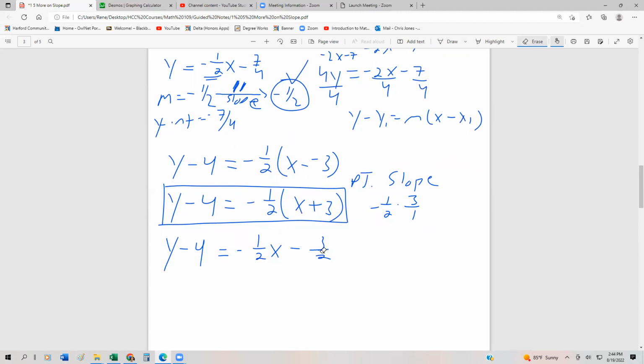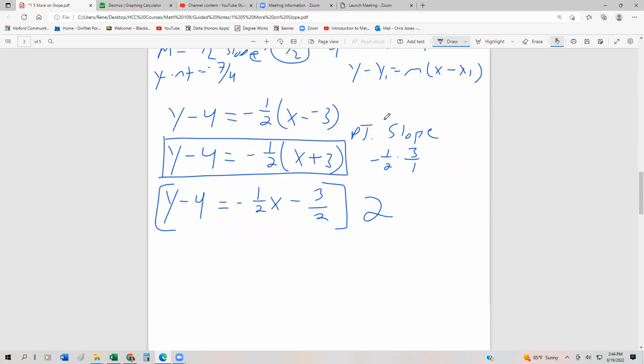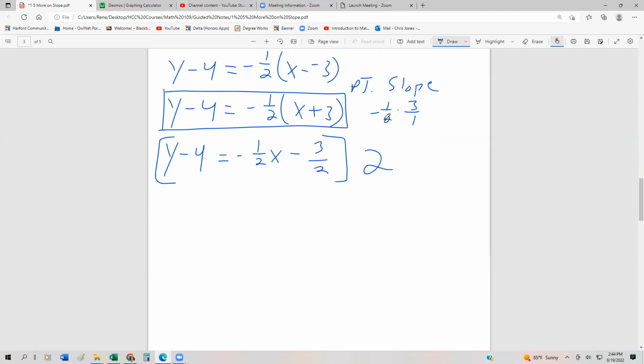Now, to put it in the general form, rather than adding the fractions together, what I can do is clear the fractions out by multiplying everything by the denominator, or everything by 2. So that way we can simplify. When I say everything, I mean every single term within the equation by 2. And it's legal. Remember, if you multiply and divide the same thing, then we can keep the equation the same.